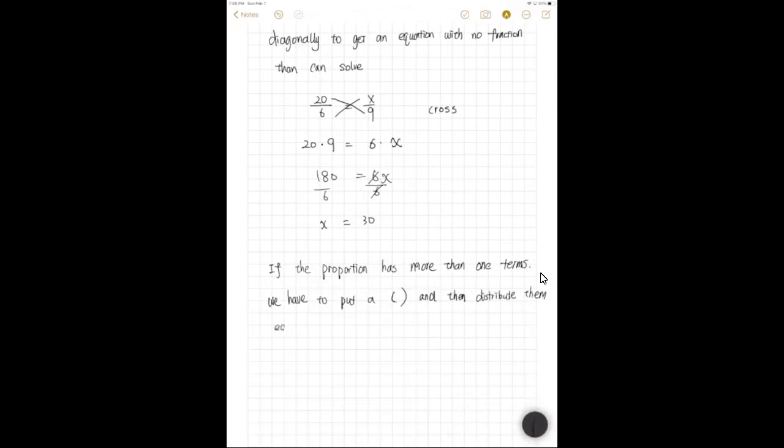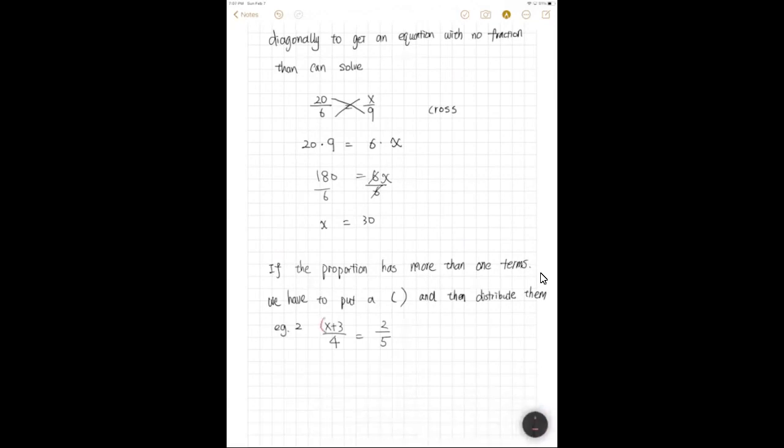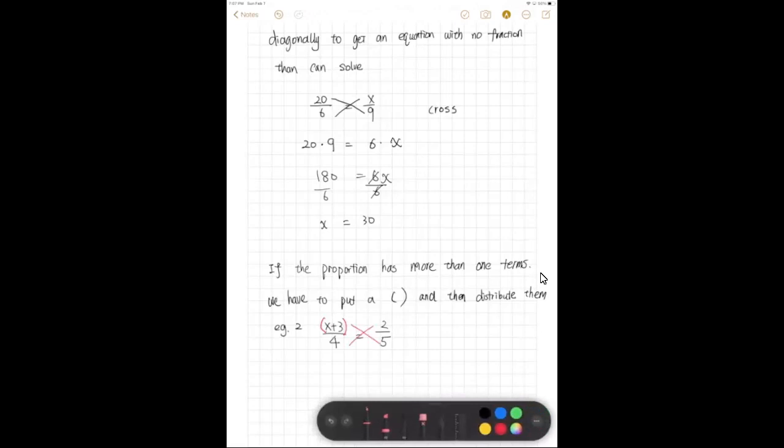Okay, so for example, I have x plus 3 over 4 equals 2 over 5. So when we have a cross product, you want to put parentheses for those with more than one term, just in case I forgot. So you want to have the parentheses times 5 and then 4 times 2.